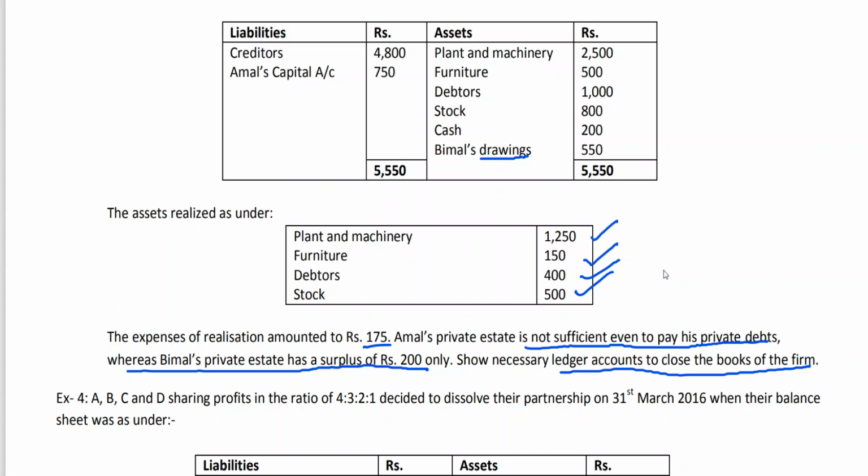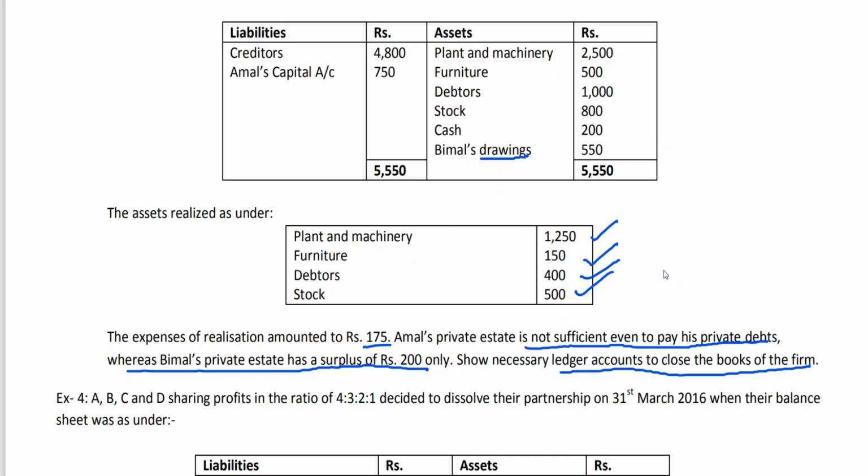Whenever you are going to bring your private estate into business by selling the private properties, first you need to clear off your personal liabilities. After clearing the personal liabilities, the surplus amount can be used towards the share of the amount that he needs to bring for settling the account with the partnership firm. First, private assets must be used to pay private liabilities. After clearing the private liabilities, if a surplus is there, that amount can be brought in by the partner.